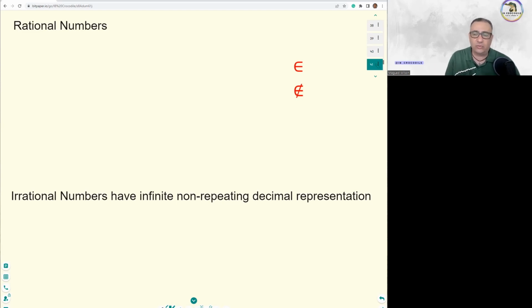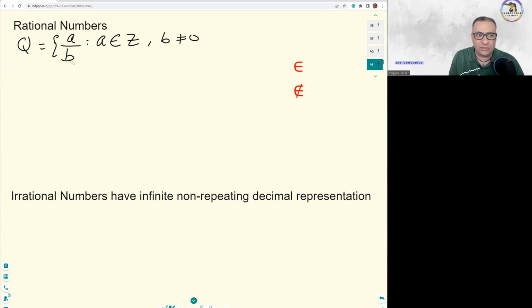That's why we developed the set of rational numbers, with the capital symbol Q. The rational numbers, by definition, are the set of all a over b such that a belongs to Z, the set of integers, b is an integer, and b cannot be 0.